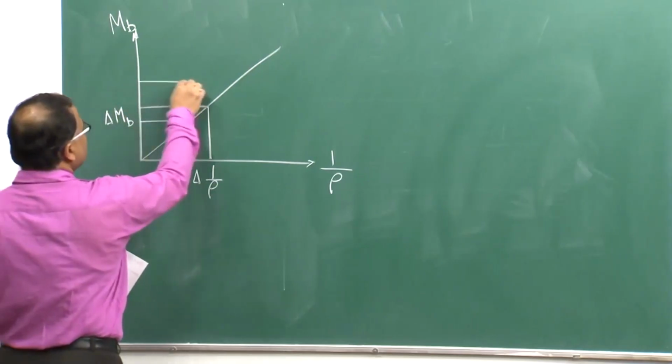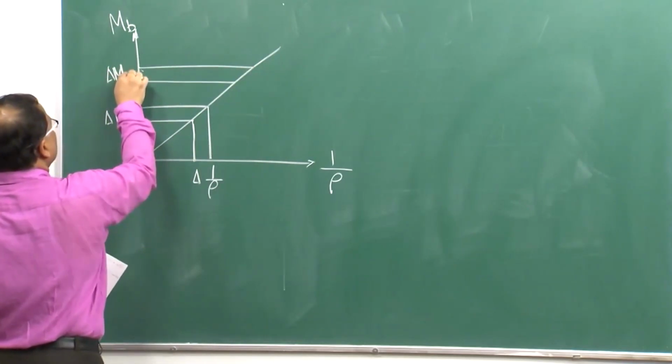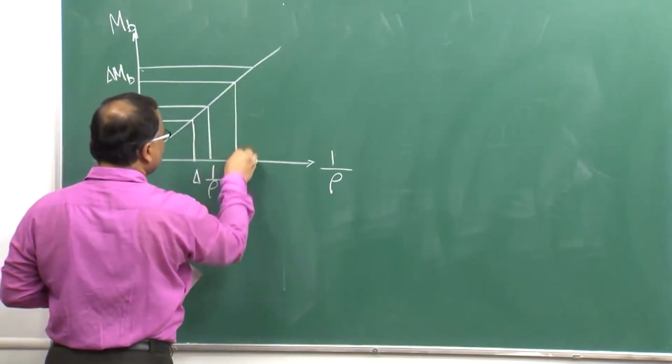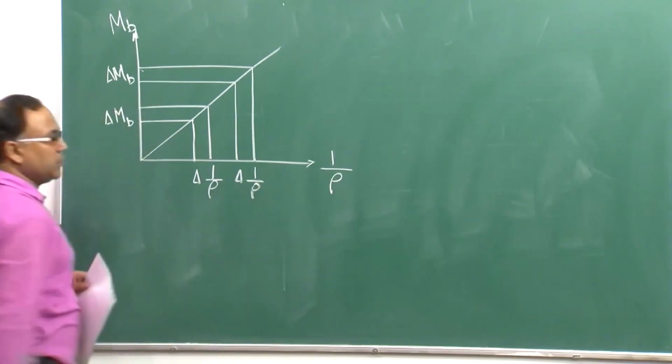Similarly, in the next increment, there also you will get some incremental change in 1 by rho.